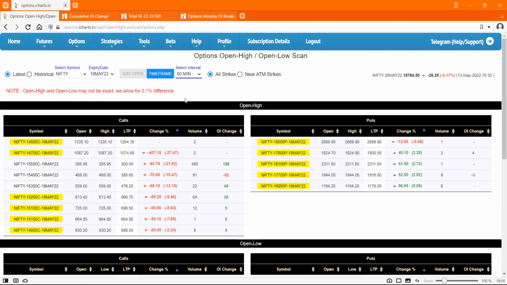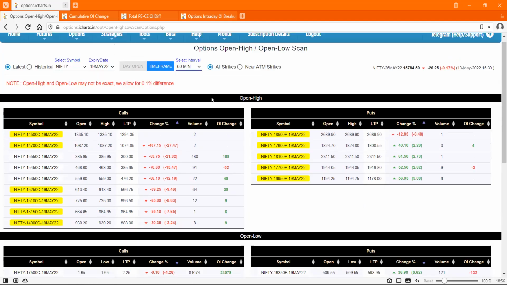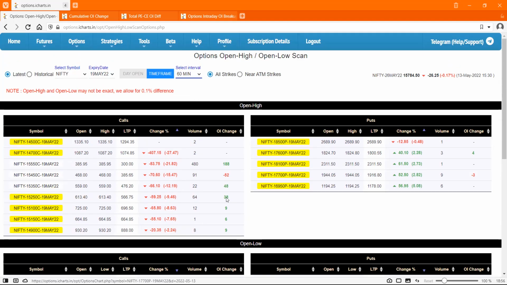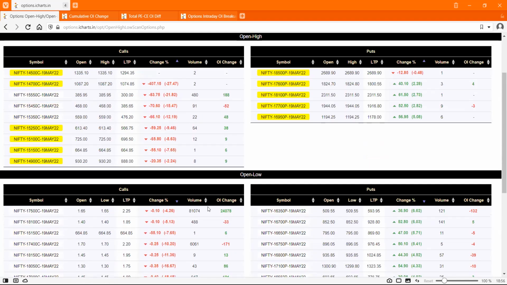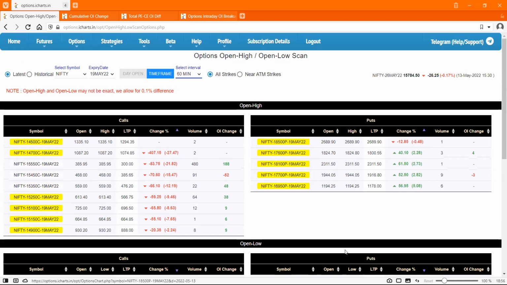This data will refresh, and fresh data is there in this table starting 3 o'clock, rather 3:01. At 3:01, this is the data that got populated because this 60-minute interval started at 3 o'clock. So 3 o'clock onwards, what is the status? This data is telling you. For this option, this was the open at 3 o'clock and this was the high at 3 o'clock.